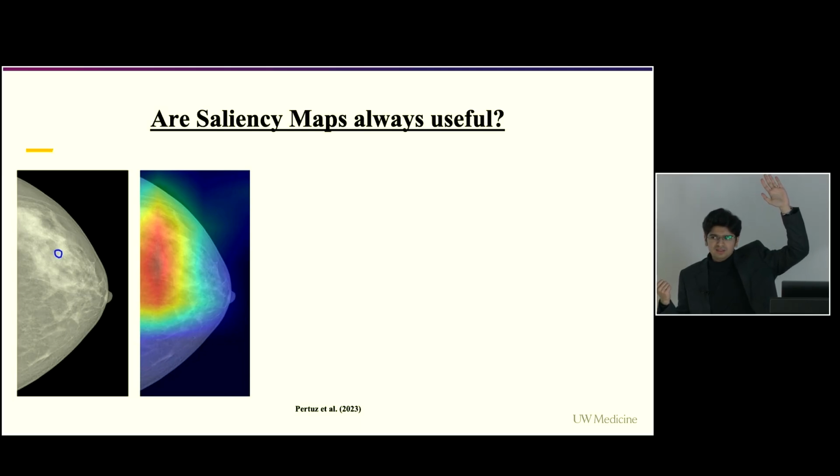I see one hand. It's tricky to interpret this saliency map because it highlights a sizable proportion of the image. It is not very clear where exactly it is looking. What is the most meaningful clinical attribute that it may be picking up on?